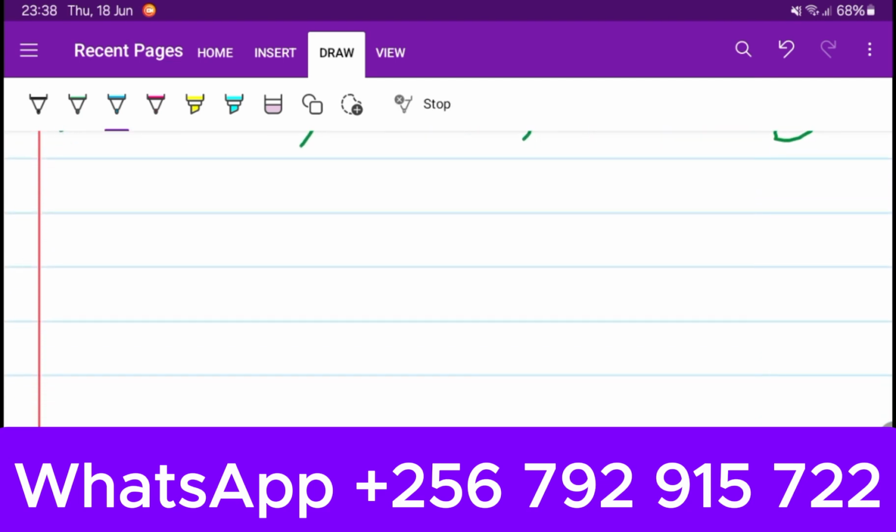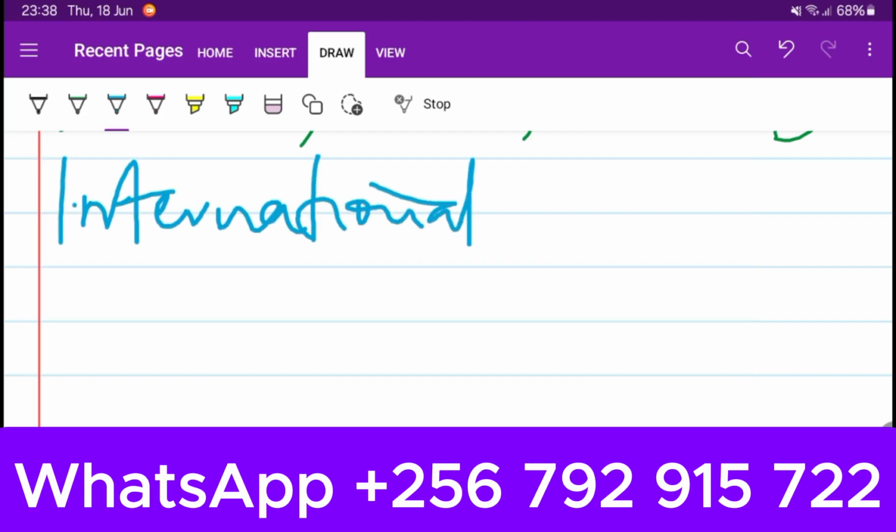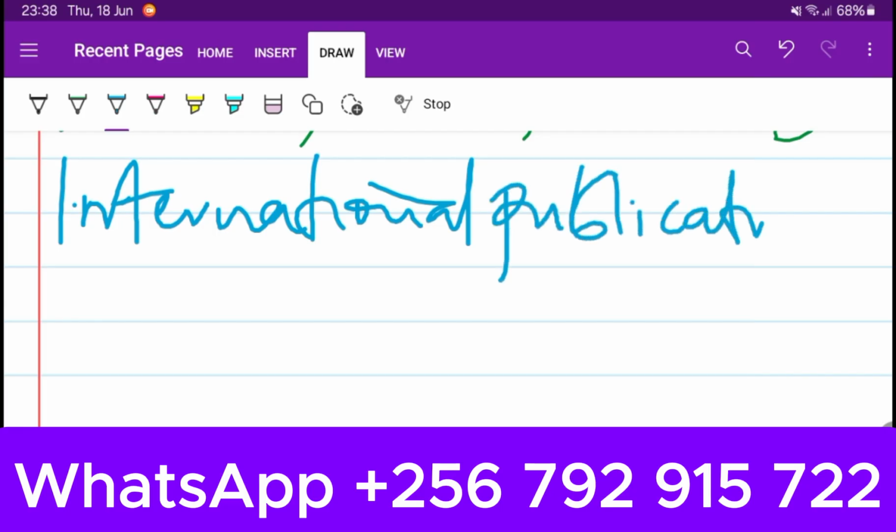The third source, of course, we can have the international publications. Of course, now this is going to be done by international agencies. International agencies, they also publish reports on regular basis concerning issues of an international importance.